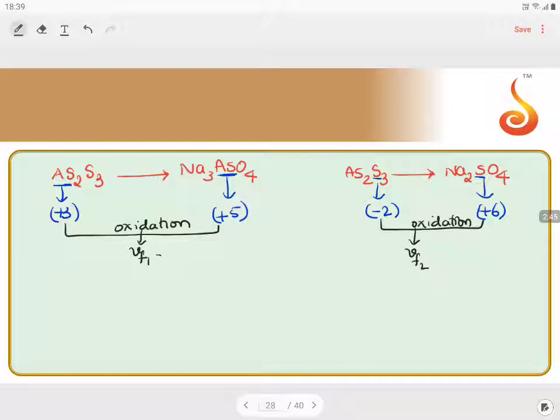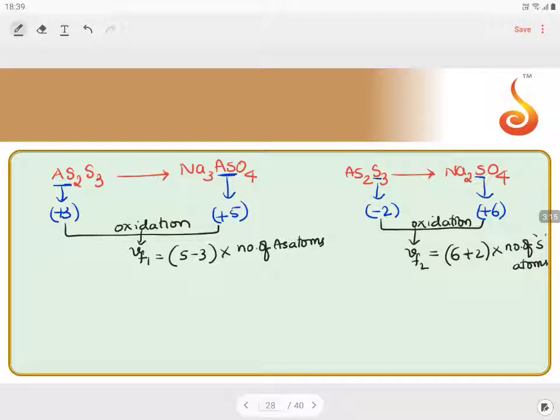So valency factor 1 is the change in oxidation state, 5 minus 3, multiplied by the number of arsenic atoms. Same way, valency factor 2 is the difference in oxidation state, 6 minus (-2) becomes 6 plus 2, into the number of sulfur atoms in the formula.